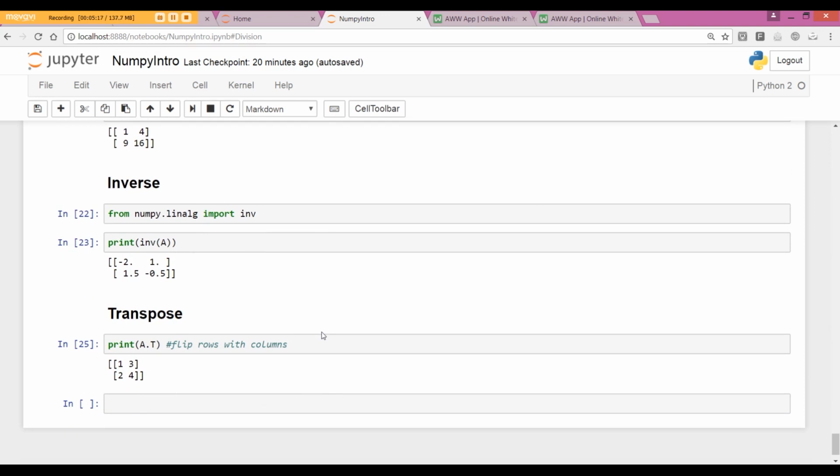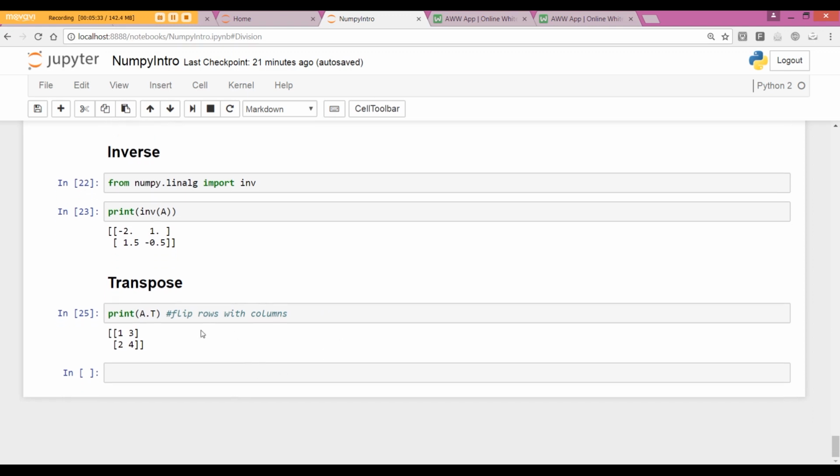Then here are some very specific matrix arithmetic specific computations, inverse and transpose. For transpose, let's just look at transpose first. We flip the rows with columns, and for that I specify the variable storing my matrix, which is a dot T, and this dot capital T will flip the rows with columns, because this is how you take the transpose.